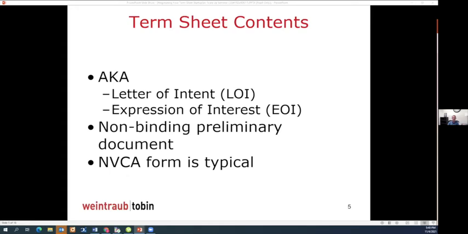But at the same time, having gone through a term sheet process and negotiation, you need a good reason to deviate from what was agreed upon at the term sheet stage. Like I said, it's not like you're breaching a contract. It's not illegal to deviate from it, but people are going to be upset with you if you don't have some legitimate reason for doing so.